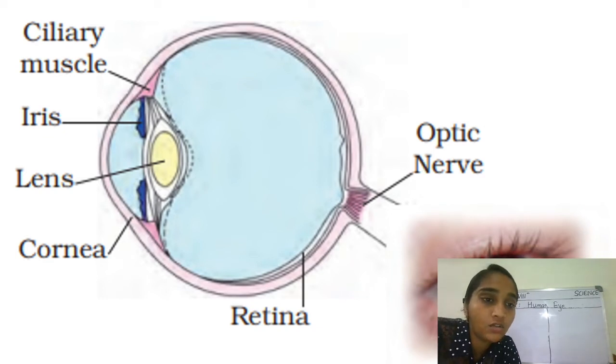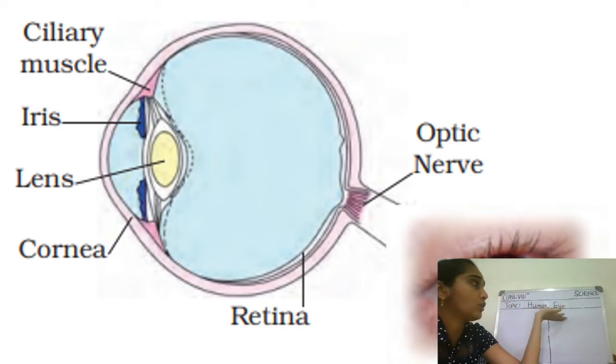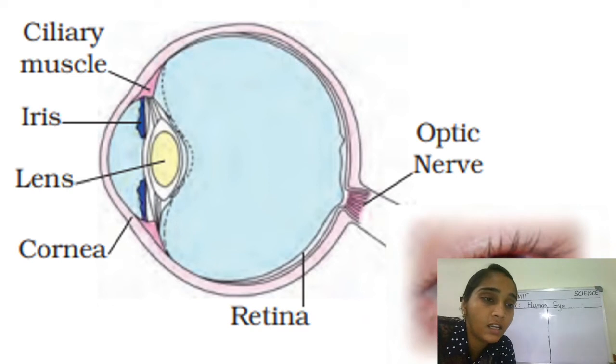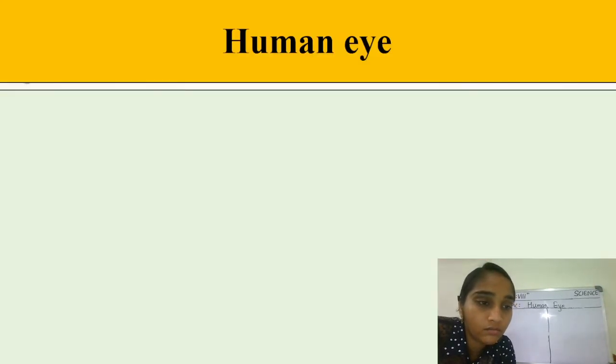So students, what do you think? Are these also structures, parts of our eyes? Yes, definitely. This is also related to something which we are going to discuss regarding the human eye. The other parts, not the cornea but the iris, lens, and ciliary muscles and all, we will discuss.